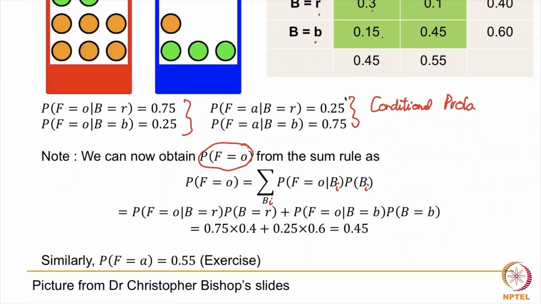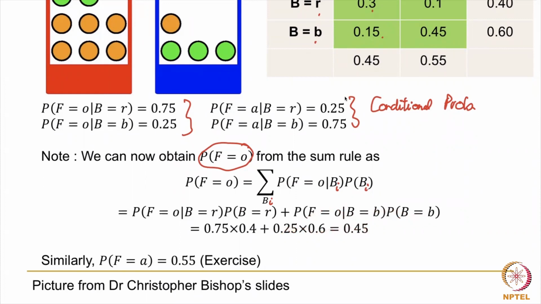Fruit is an orange, red basket, and what is the probability of picking a red basket? Fruit is an orange, basket is blue. What is the probability of picking the blue basket? Okay, so first we pick a red basket with probability 0.4. From that, we pick an orange with a probability 6 by 8, which is 0.75. So 0.75 into 0.4 plus 0.6, which is the probability of picking a blue basket, multiplied by 1/4 of those are oranges, 0.25.